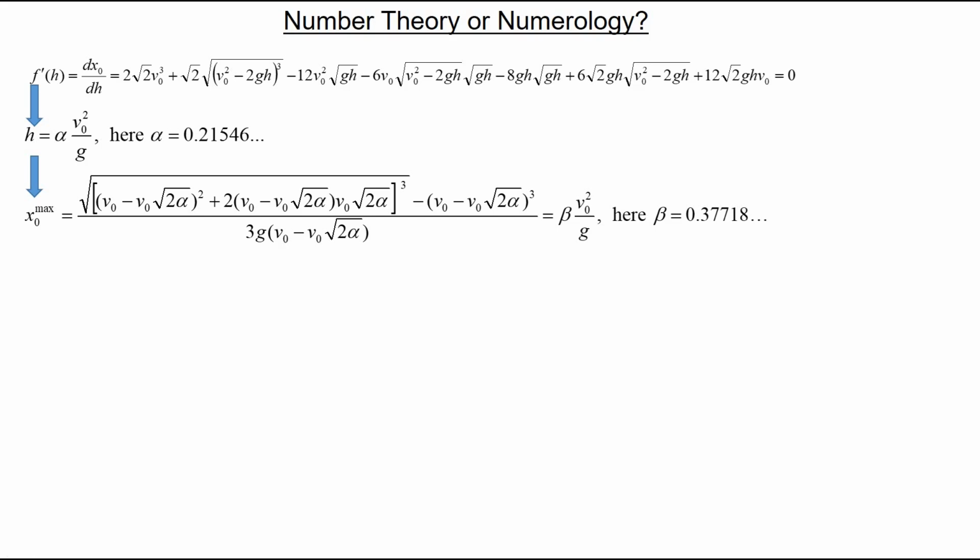We can see that maximum distance in projectile flight is independent of the free fall acceleration constant g. It means constants alpha, beta, and the angle of 41 degrees are fundamental math constants outside the physics realm.